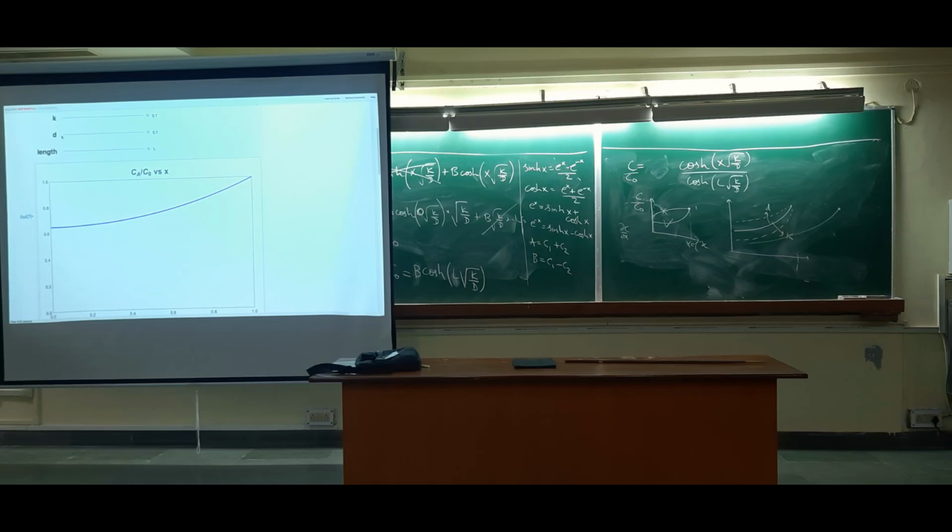If I increase D, my profile is almost flat, meaning reaction is not happening. It's happening at a very low pace compared to diffusion, so it can just come in. If K is 0, what would be the steady state concentration within the film? If K is 0, if there is no reaction, just flat, right? So it's approaching that, so it's consistent.